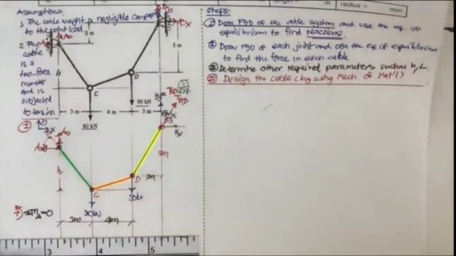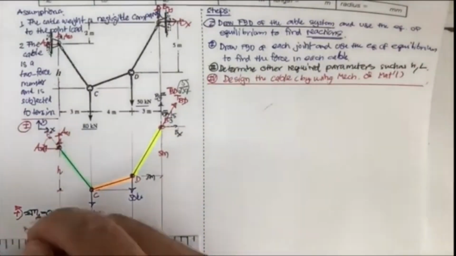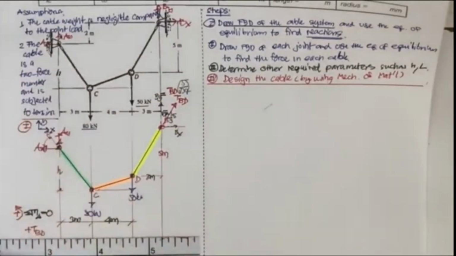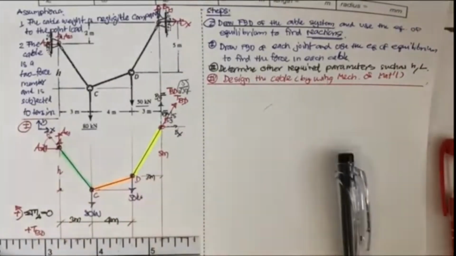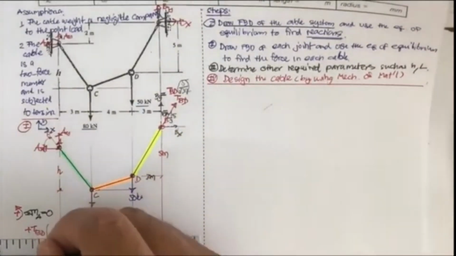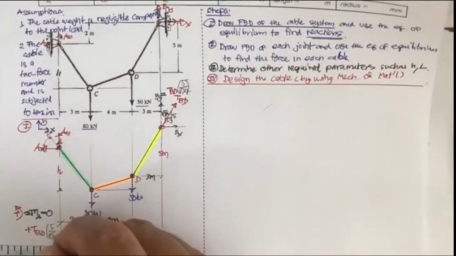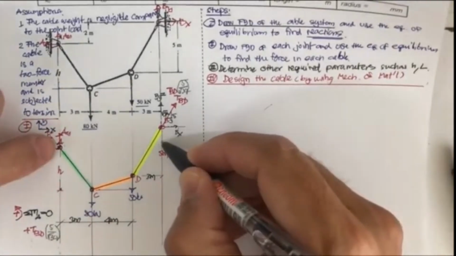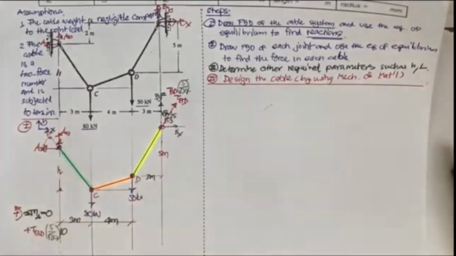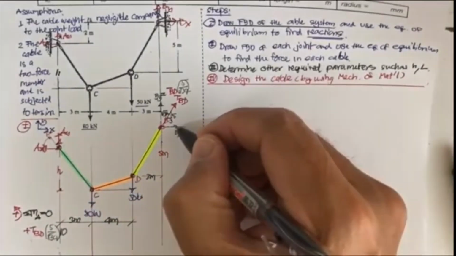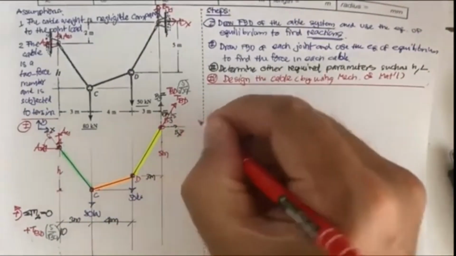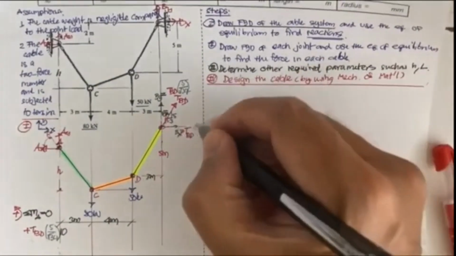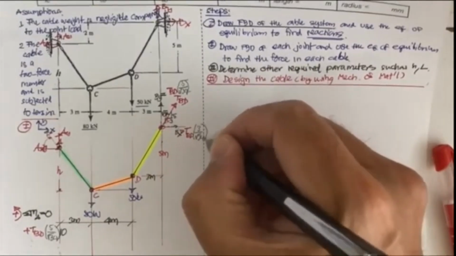So the first one, we're going to have T sub BD rotating plus counterclockwise, times 5 over square root 34, and then the moment arm to the line of action is 10 meter, times 10. Then you have another one, the B sub x. Your B sub x is going to be T sub BD, horizontal, times 3 divided by square root 34.